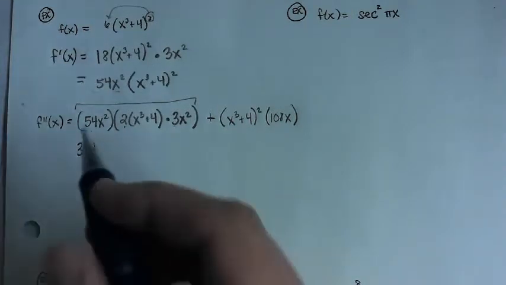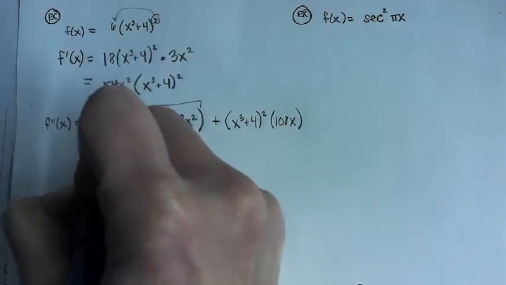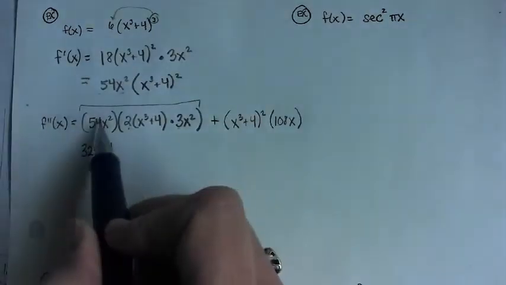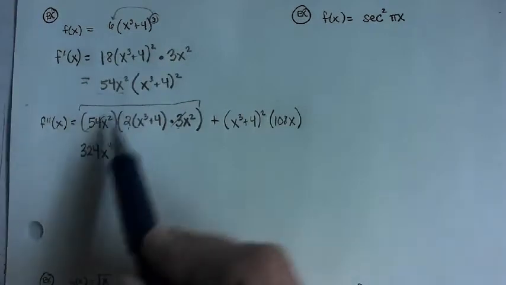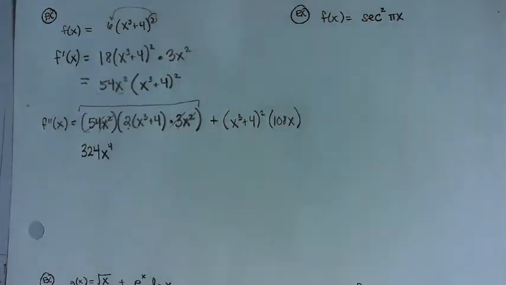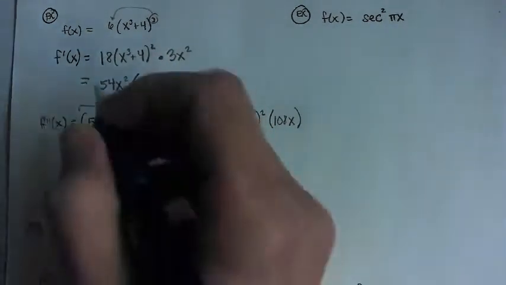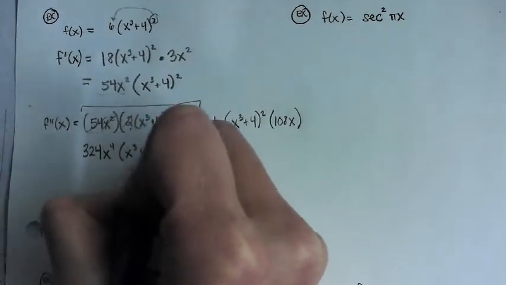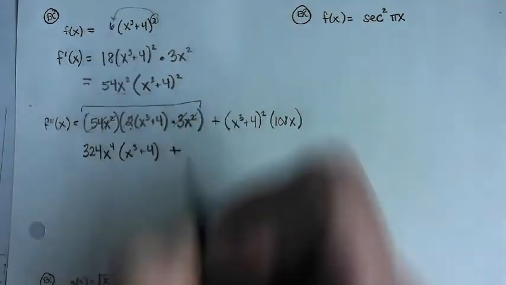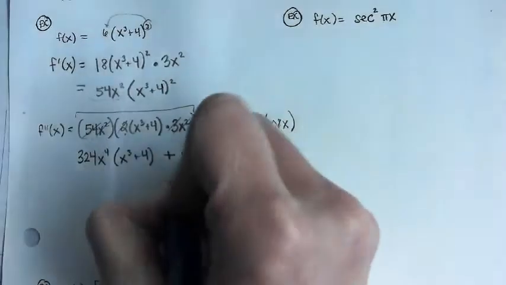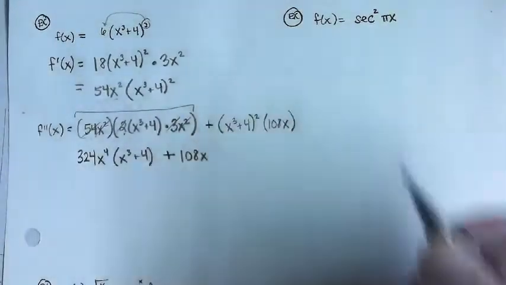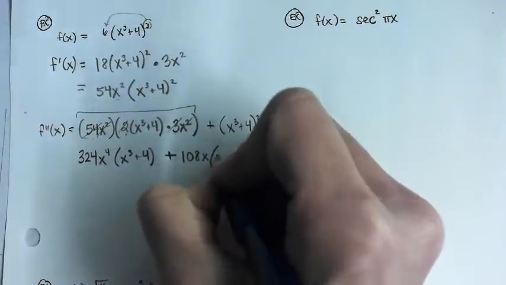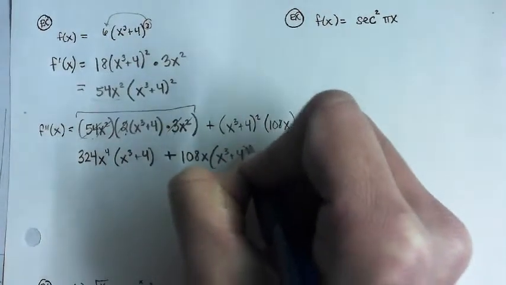X squared times x squared is x to the 4th. So that covers the 54 times the 3, the x squared times the x squared, and the 2. And then we just have an x cubed plus 4. Plus 108x times x cubed plus 4 squared.